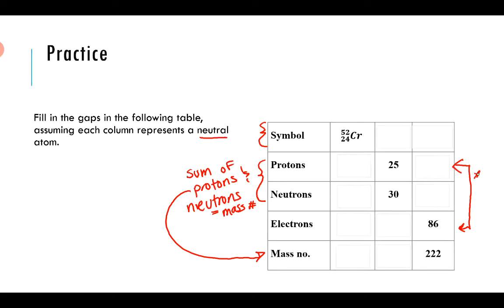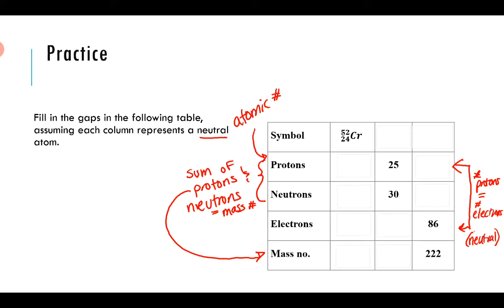And so the number of protons has to equal the number of electrons because it's neutral. Neutrons are neutral. Okay, and we know that the number of protons is equal to the atomic number.